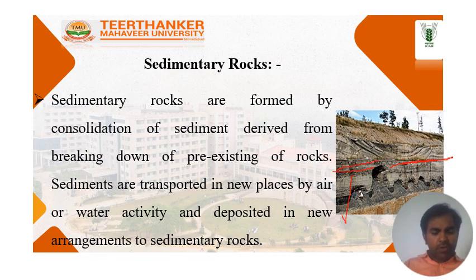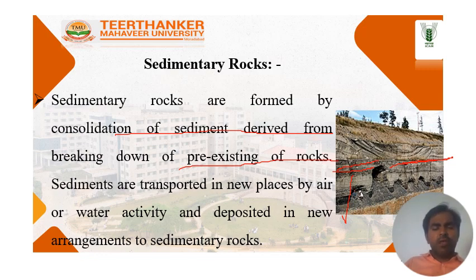Sedimentary rock is formed by the consolidation of sediment derived from the breaking down of pre-existing rocks. What is meant by the breaking down of pre-existing rocks? It means sedimentary rock is derived from previous rocks, and the previous rocks are igneous rocks.